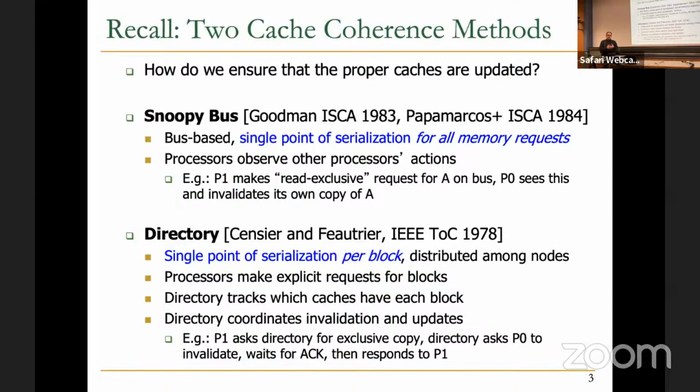You can, of course, distribute your directory across different nodes, so the directory can be scaled in your network, but it also has some issues. Both of these, Snoopy bus and directory, motivate why we need interconnects and why this topic is quite important.